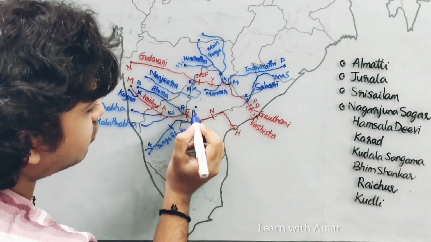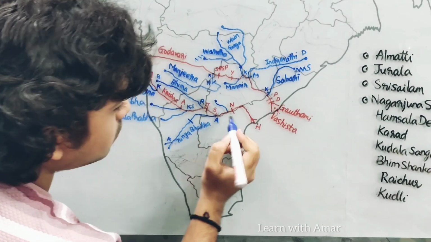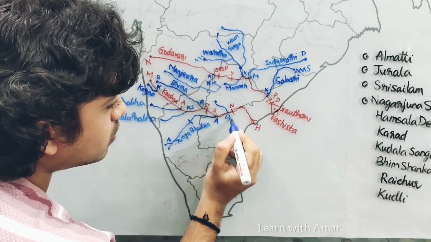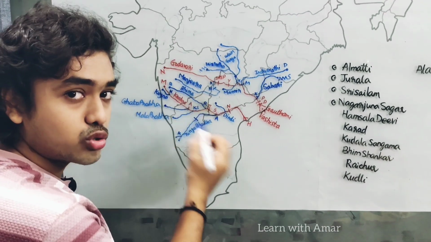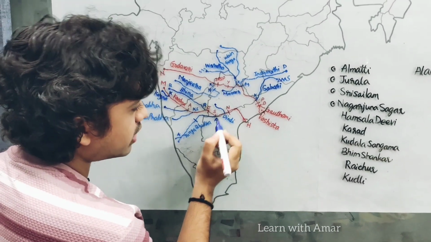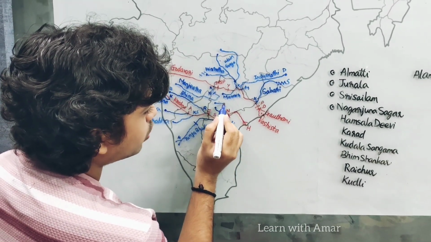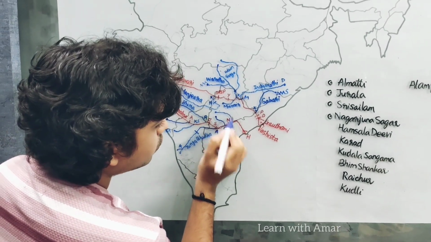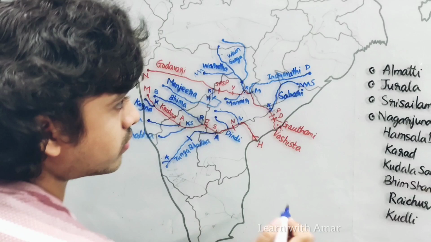Then we have a few left bank tributaries again. This is Dindi. Dindi originates in Telangana itself and flows through only Telangana and joins Krishna here. Then we have Musi. Musi also originates in Telangana, flows through only Telangana and joins Krishna at Vajirabad.